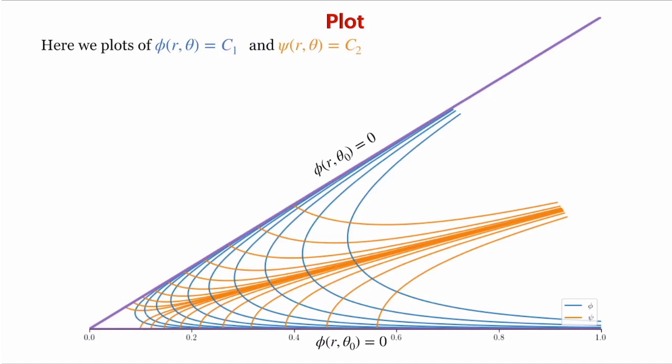Phi is equal to constant and psi is equal to constant. Curves are given here. In this plot, you can see the metal plates, one at theta equal to 0 and the other at theta equal to theta naught. In both cases, the metal plate has 0 potential and there is some potential inside which would take the shape of a parabola.